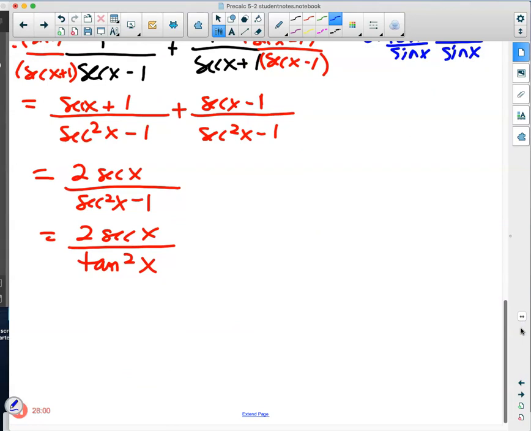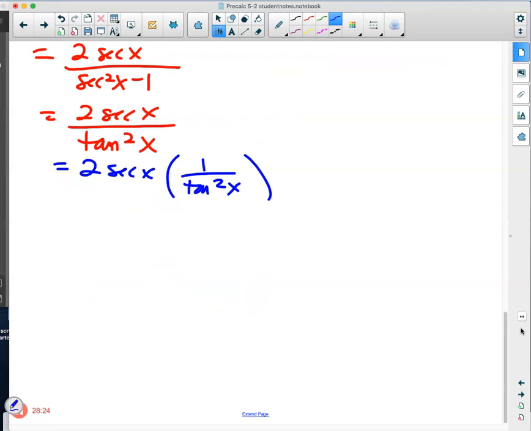Well, let's see if we can get there and make that happen. So we have 2 secant of x over tangent squared x. So let's change this to multiplying by the reciprocal. And think about what we can do with it.